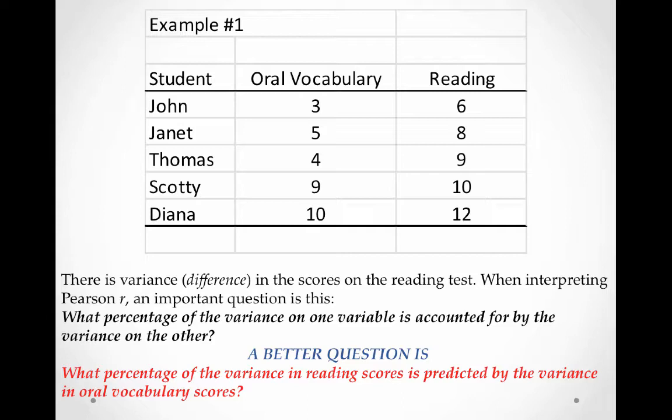How much of the difference in the reading scores is accounted for by variance on these scores? But a better question is, what percentage of variance in reading scores is predicted by the variance in oral vocabulary scores? Predictive is better than just saying it's accounted for.